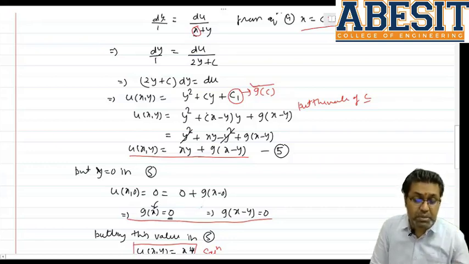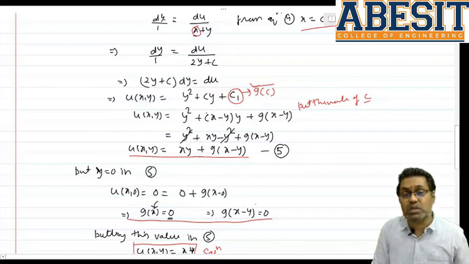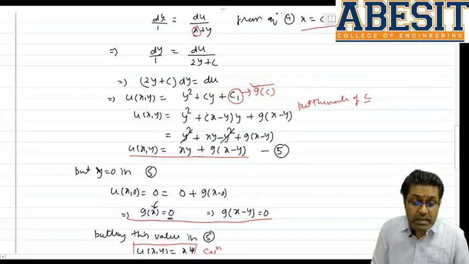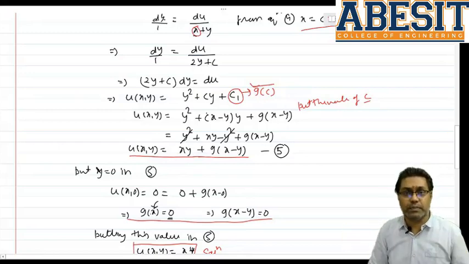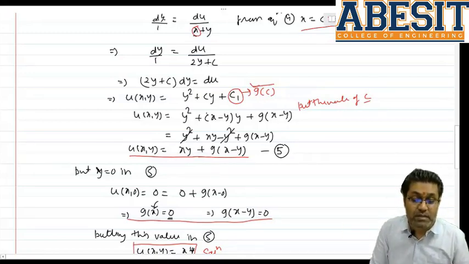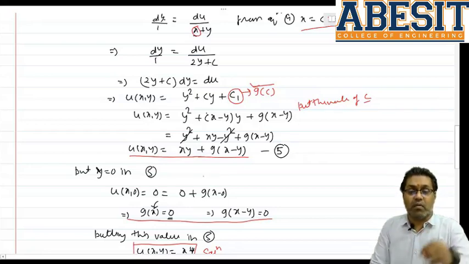What does it mean? It means x minus y is equal to 0. Basically it says that whatever argument this function g has, the value is always 0. We are not considering what the value of the argument is, we are considering any argument.